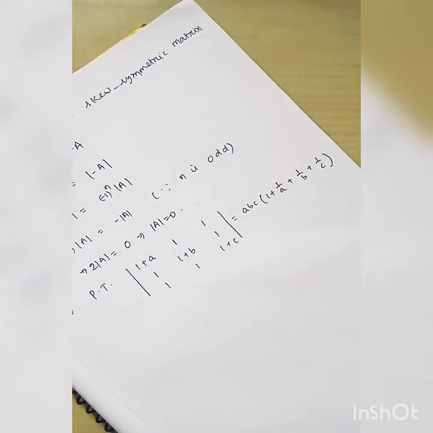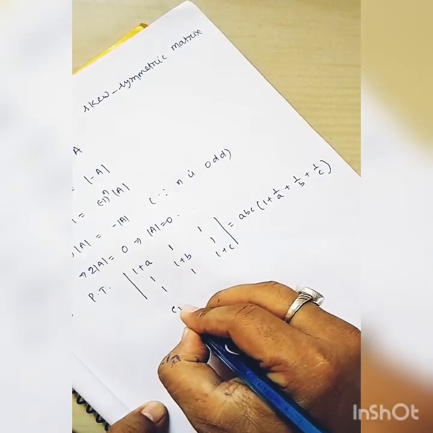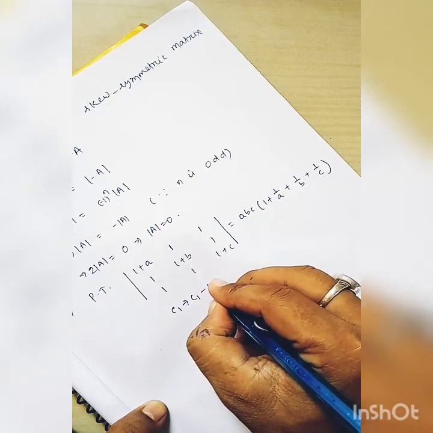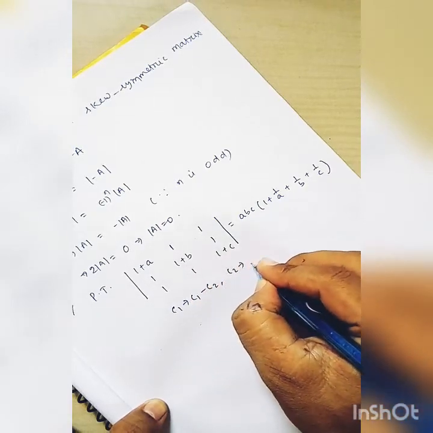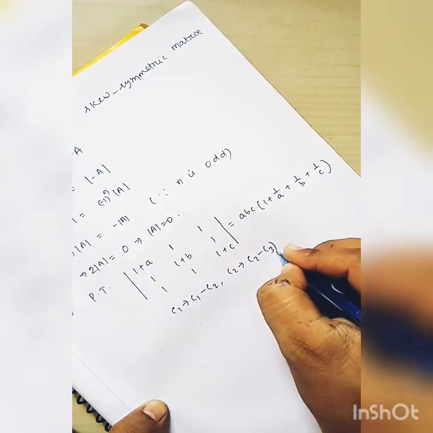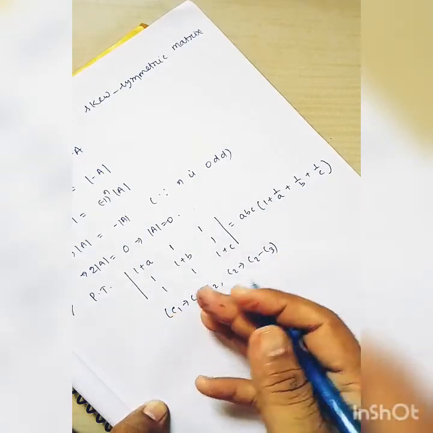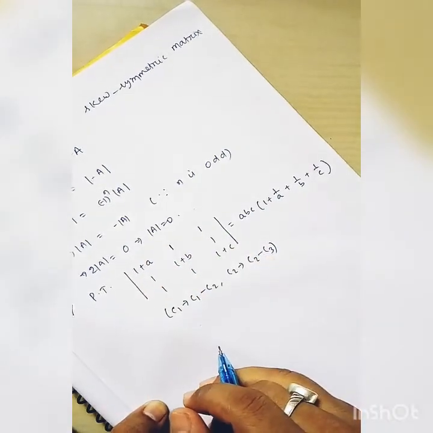We know that to evaluate a determinant of order 3, we can evaluate along any one row or any one column. To reduce the calculation steps, suppose you use the property column 1 is replaced by column 1 minus column 2, column 2 is replaced by column 2 minus column 3. If you use this property, then the value of the determinant is unaltered.